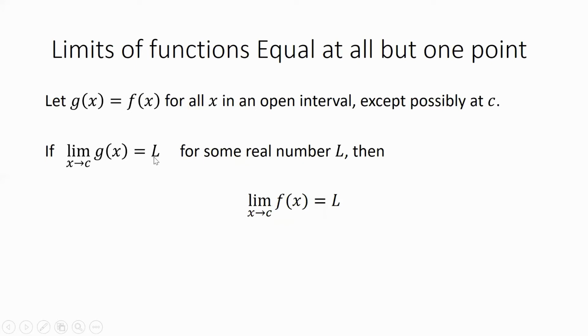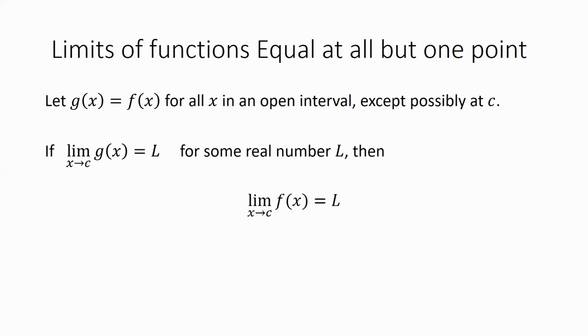So the first method is to say that if two functions are equal for every single point in some open interval, except maybe at one point.